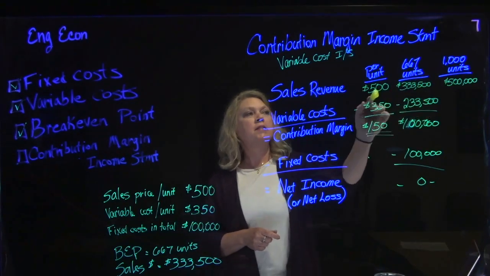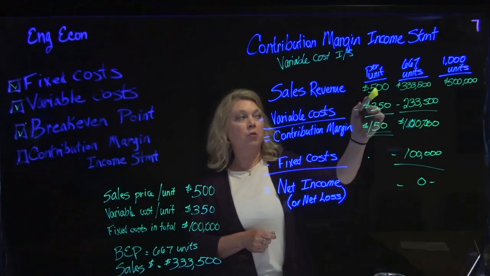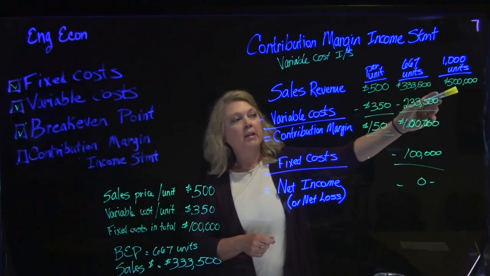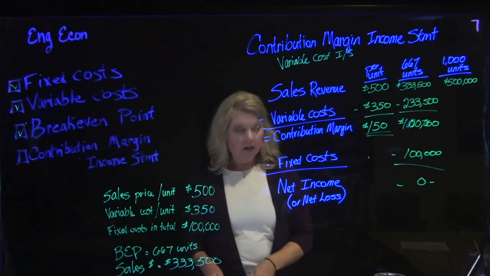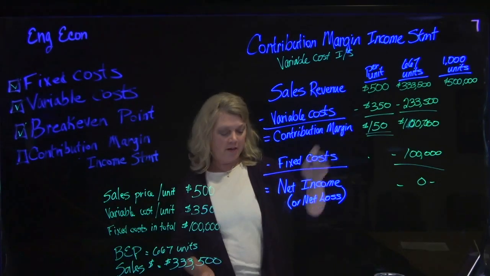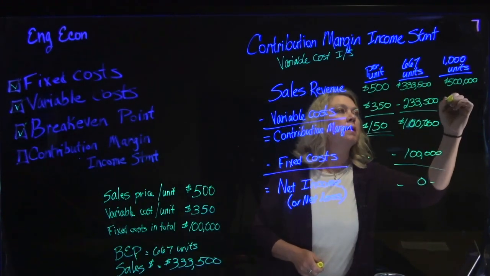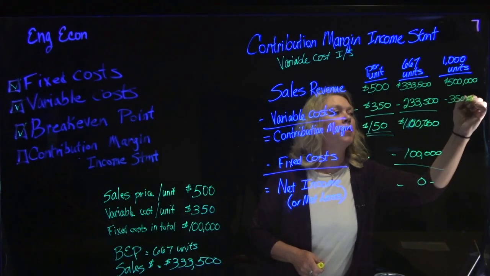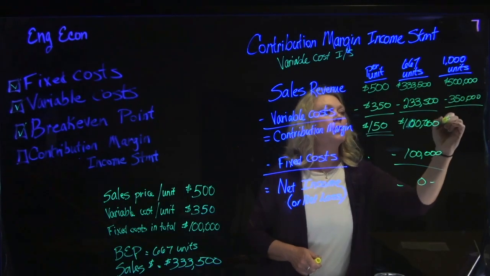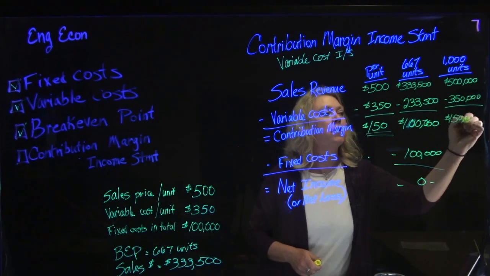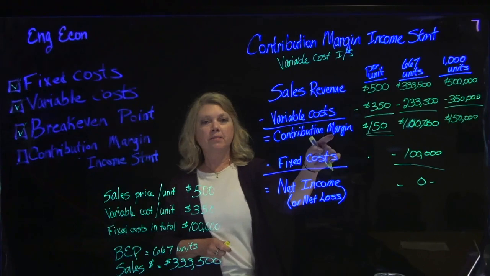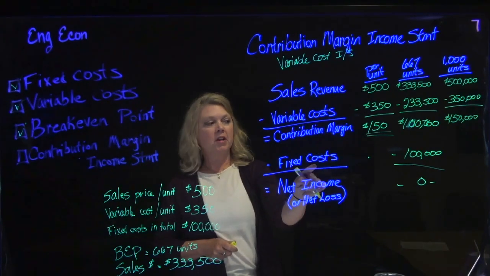So 1,000 units times $500 each sold would give sales revenue of $500,000. Variable cost then would be 1,000 units at $350 each. So variable cost in total would be $350,000, which would leave us with contribution margin for the year of $150,000.